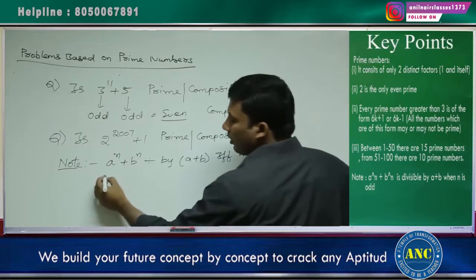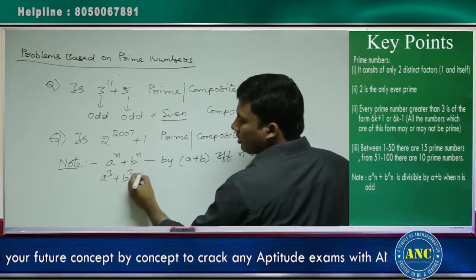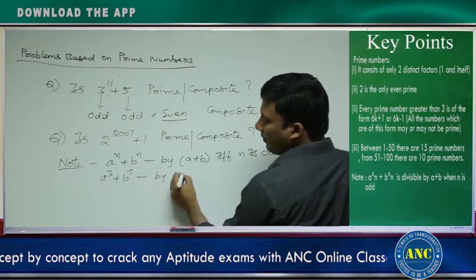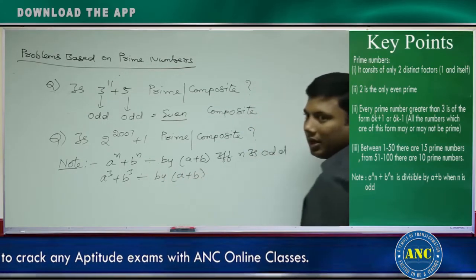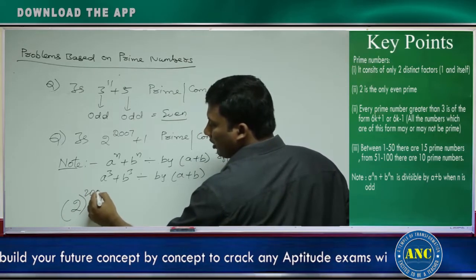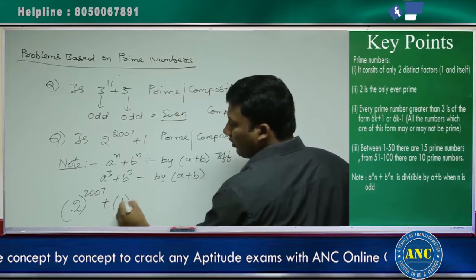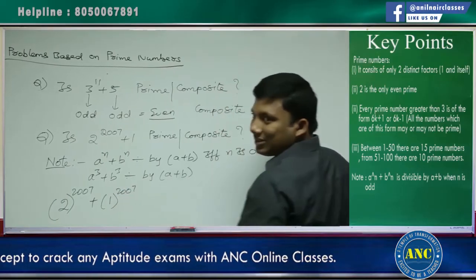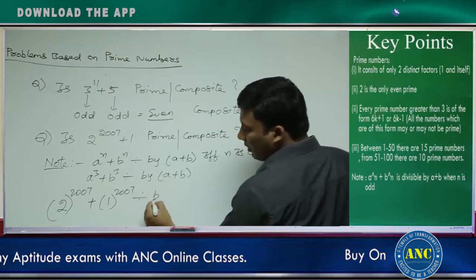Why? For example, a cube plus b cube is divisible by a plus b. By applying this concept, 2 power 2007 plus 1 power 2007, and 2007 is odd. So it is divisible by which number?